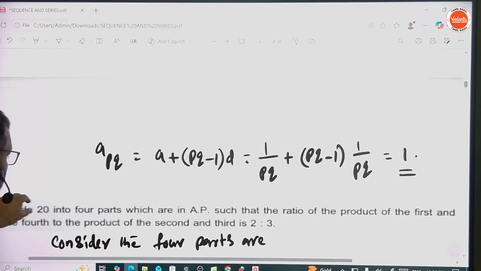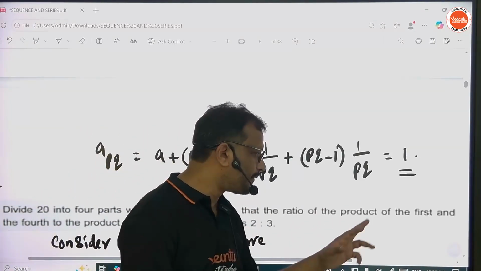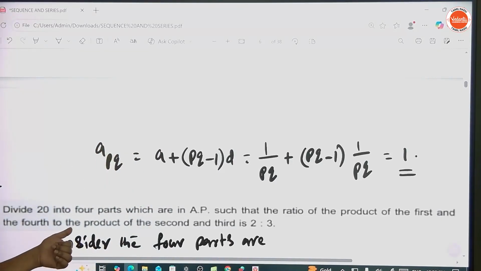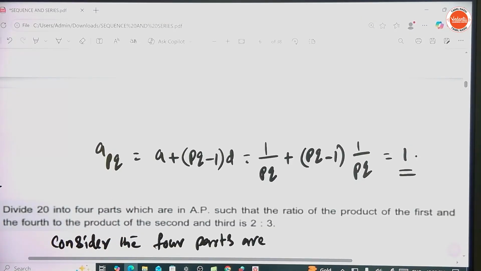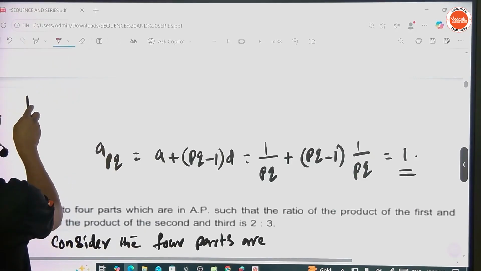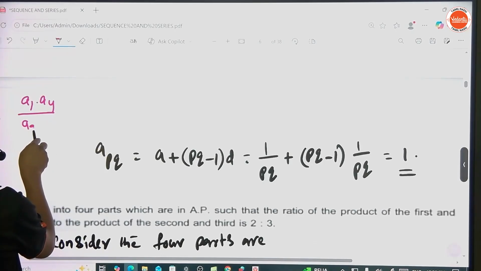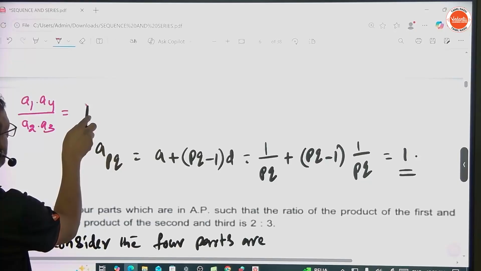And what is given? Not only one term. One more condition: the ratio of the product of the first and fourth to the product of the second and third will be equal to 2 by 3. That means A1 into A4 by A2 into A3, the ratio is 2 by 3.